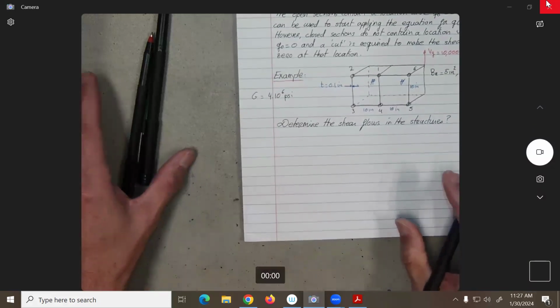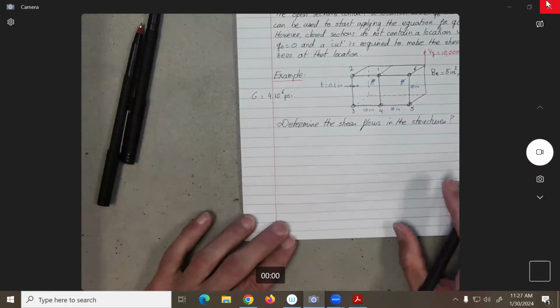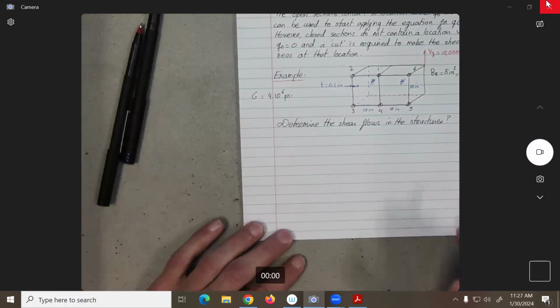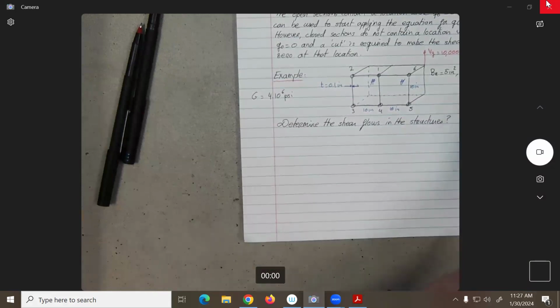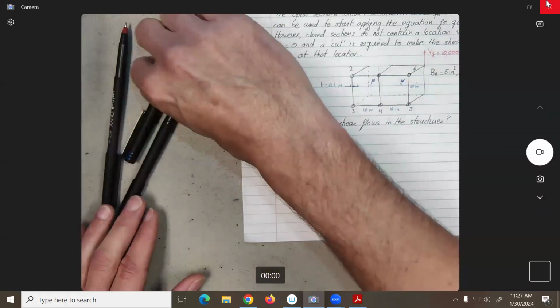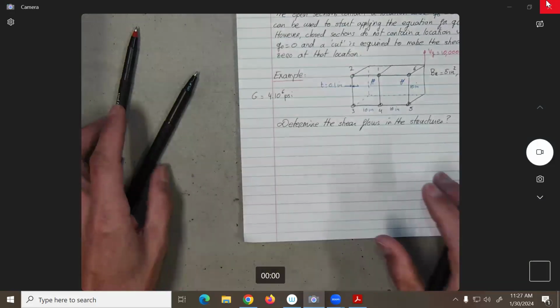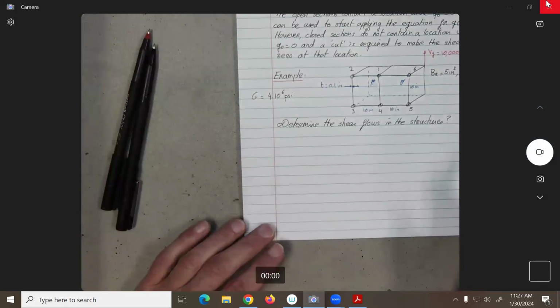So the question here is to determine the shear flows in the structure. I want to try to do this in steps, and then we'll see what happens with the steps for future problems.